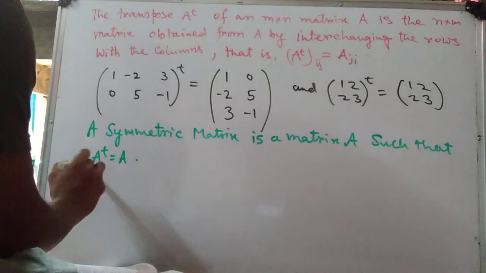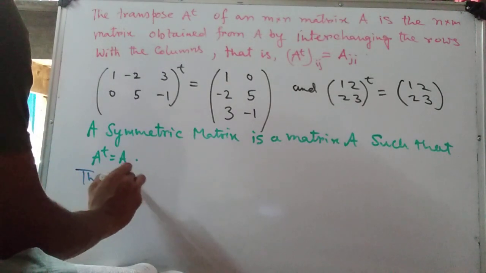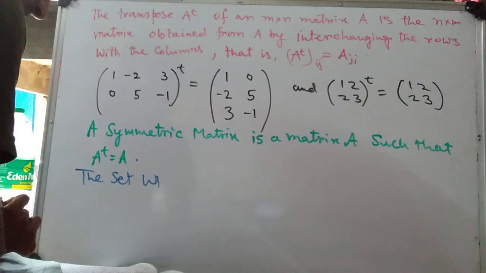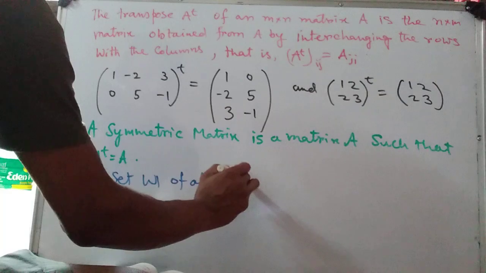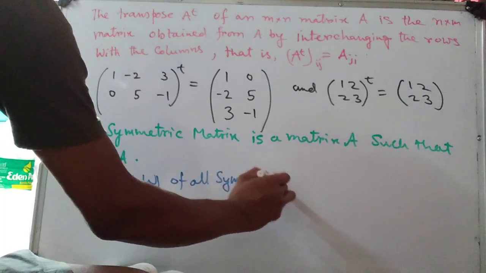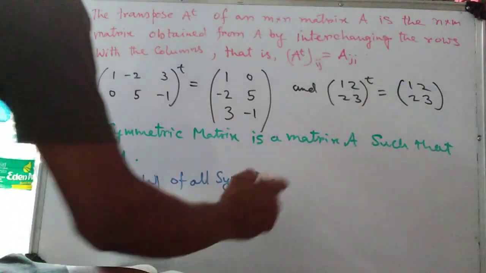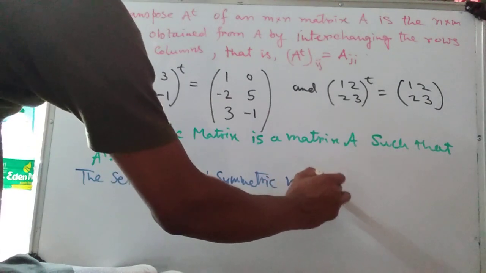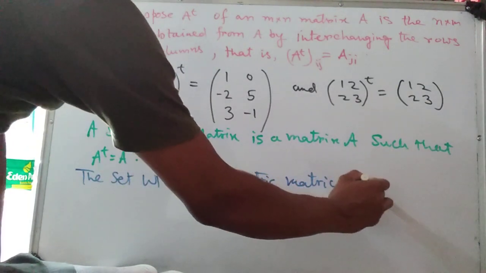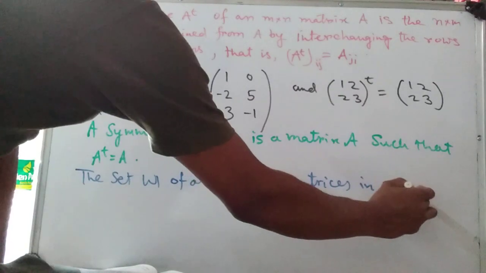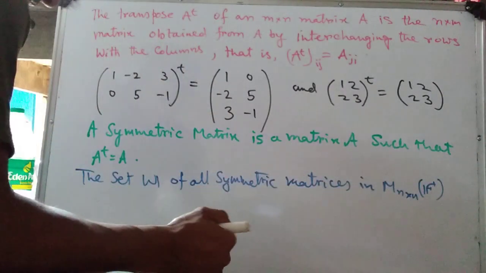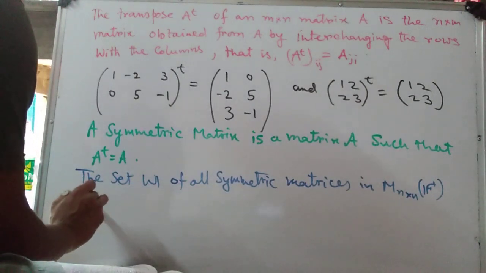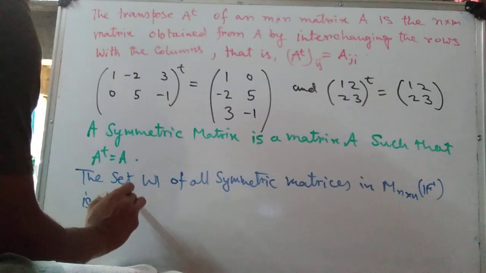The set W of all symmetric matrices in n cross n matrices is a subspace.